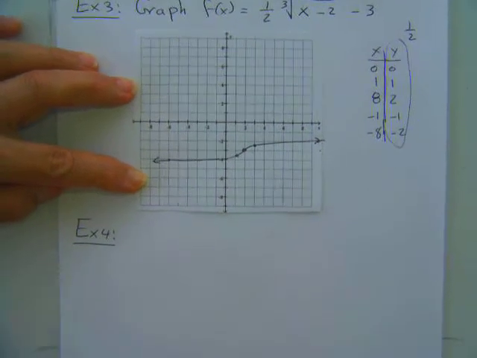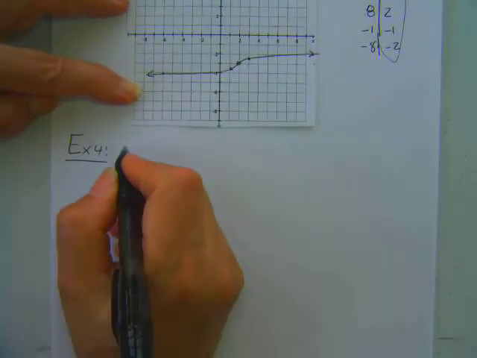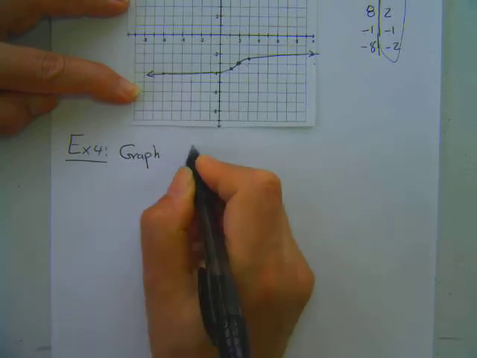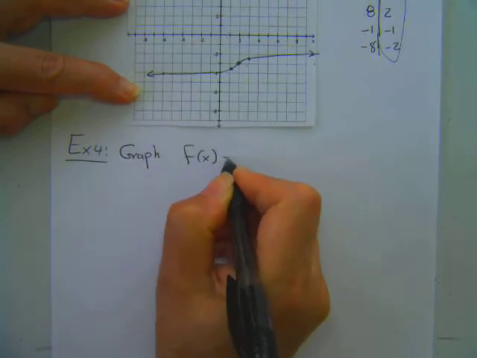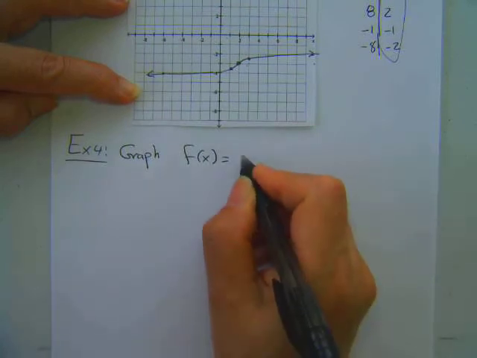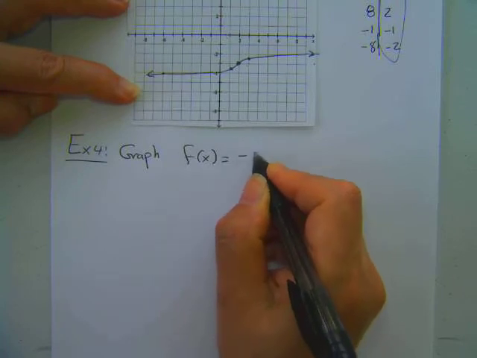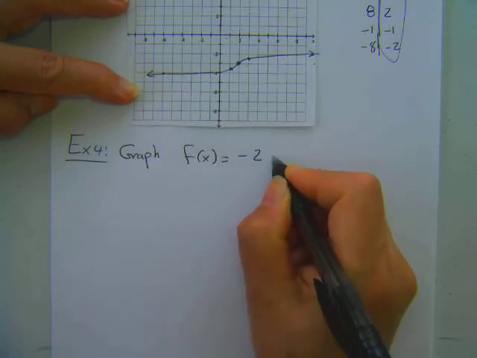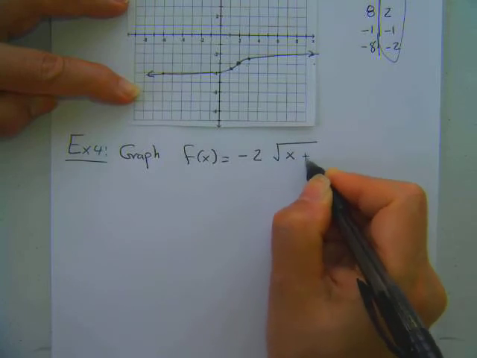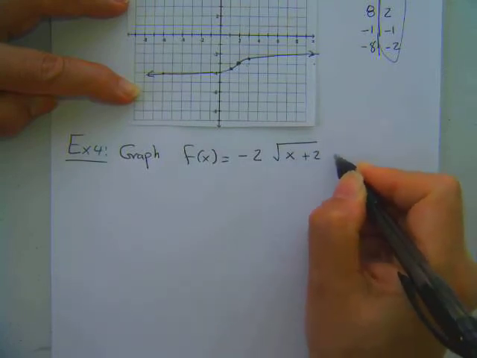Let us graph, how about f of x is equal to, let's put them all. Are we ready? Negative 2 the square root of x plus 2 plus 1.